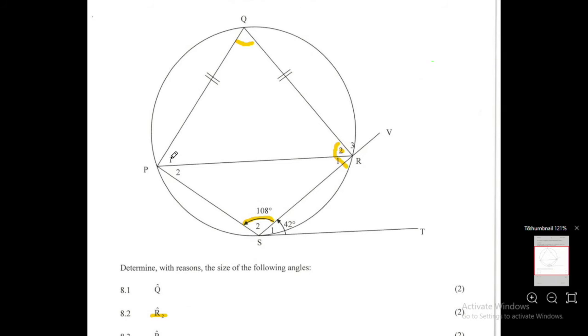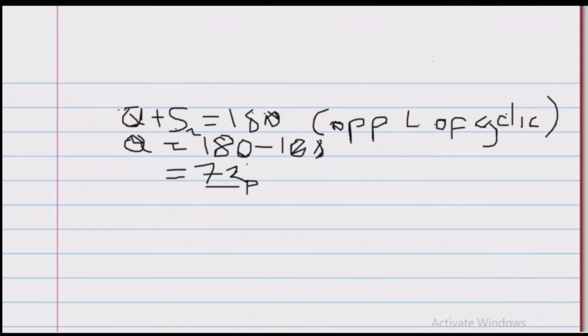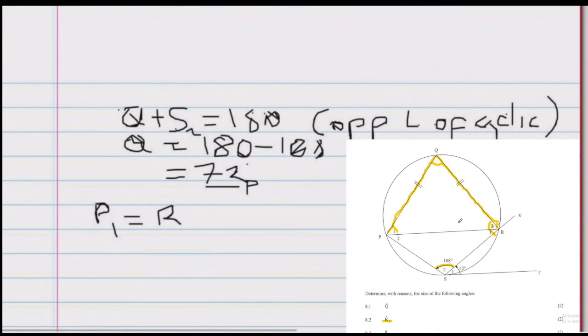Now, remember I said, given these two sides as equal, it means now we are dealing with an isosceles triangle, which means this angle would equal this angle, meaning P1 would equal R2.